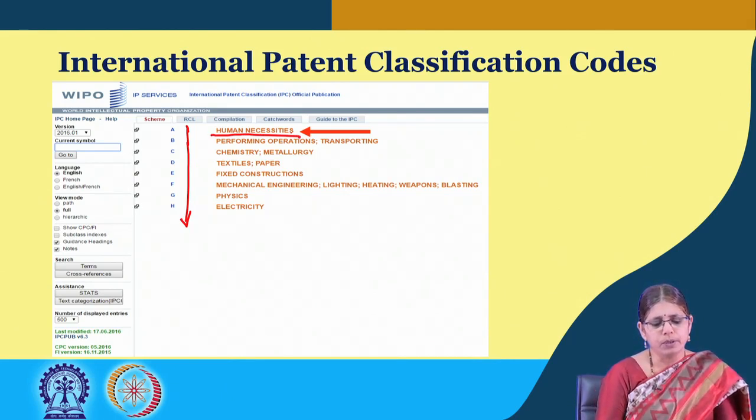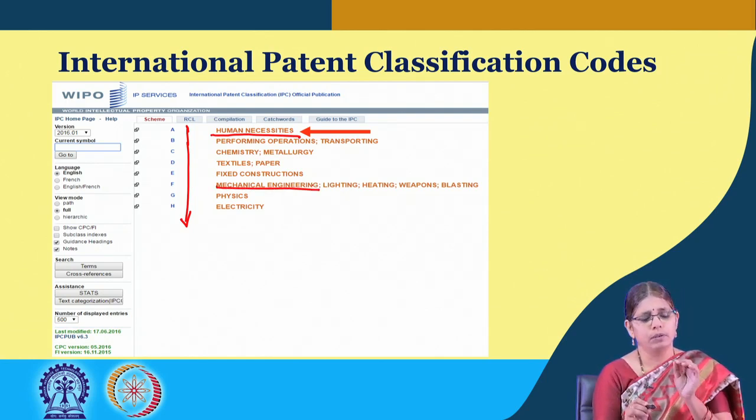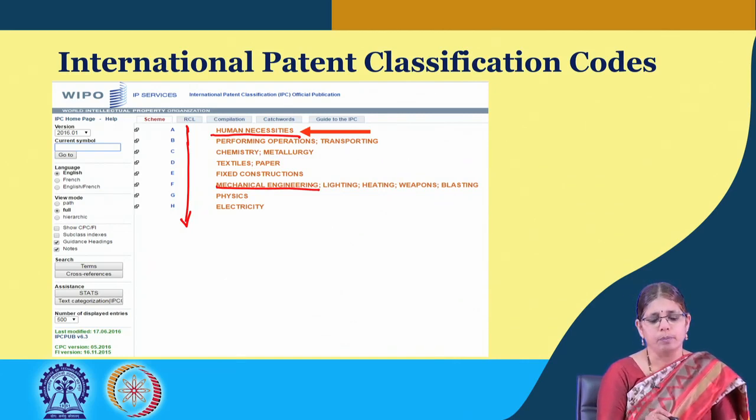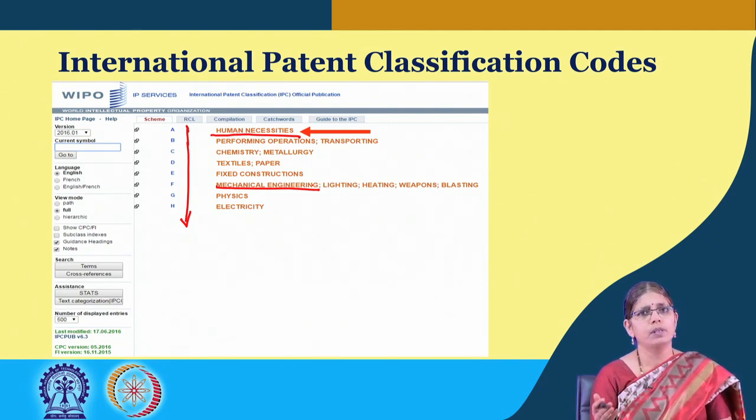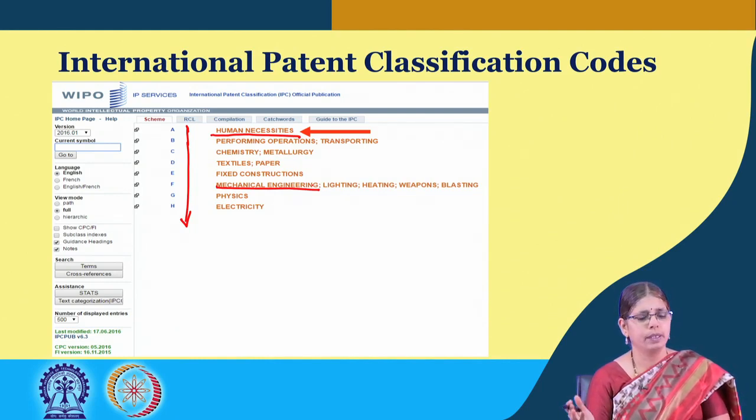A whole lot of inventions belonging to the category of mechanical engineering would fall under the purview of F, which is the beginning node with respect to the IPC. Now, under F you could have different subgroups and subclasses. So, going forward we will understand how this is organized into a specific type of classification in relation to each document.